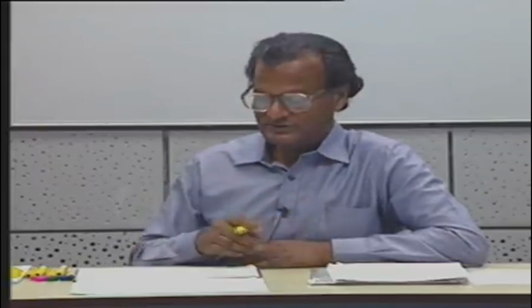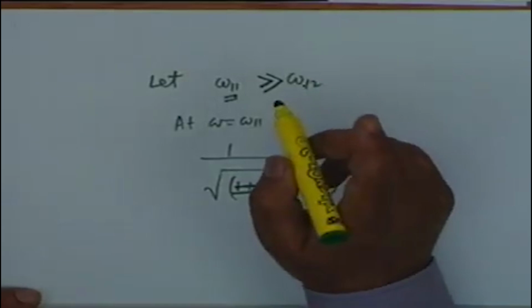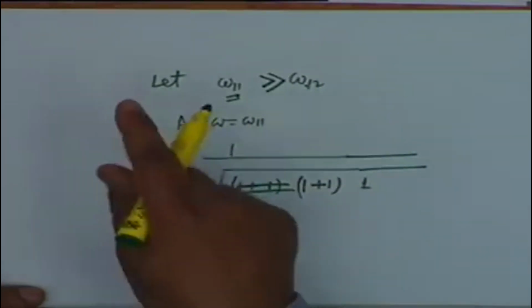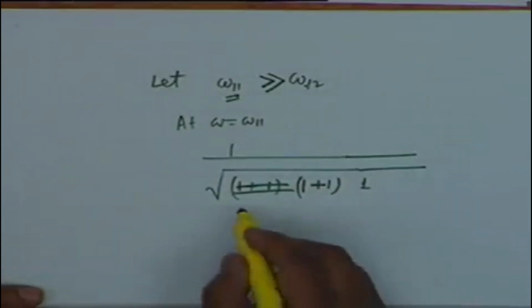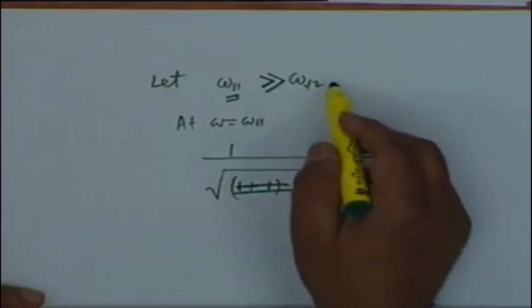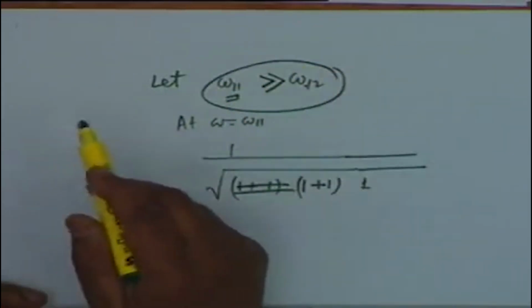All right. So, what one does is the following. Given a circuit, if you see that omega 1 1 and omega 1 2 differ by at least a factor of 3, then you take the higher one as the low frequency cutoff, as I have shown you here, the higher one.